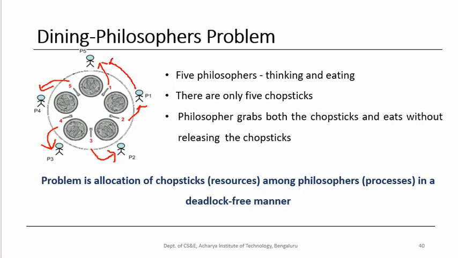P1 is waiting for a chopstick held by P5, and P5 is waiting for a chopstick held by P4, and so on. Every philosopher refuses to release the chopstick because they have not yet finished eating. Everybody is holding one chopstick, so this leads to deadlock. That's what we discussed in the last class.